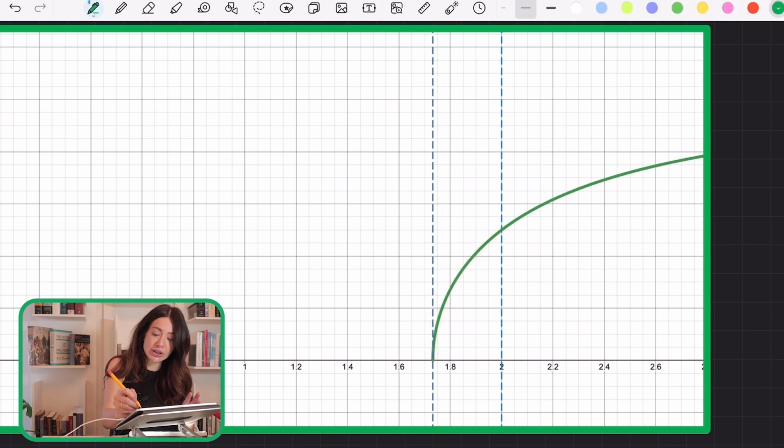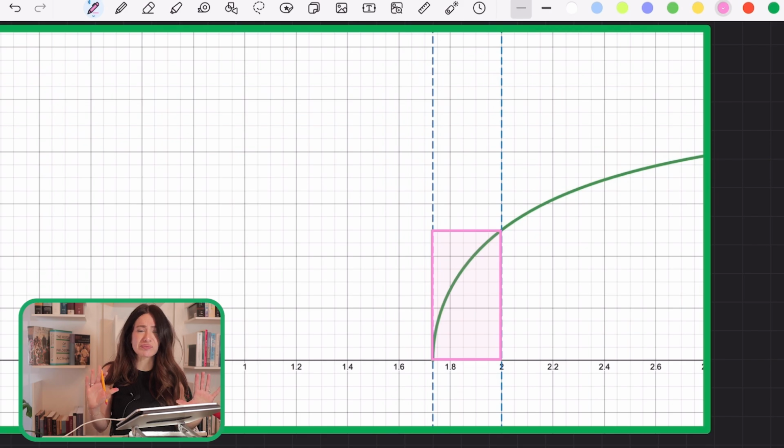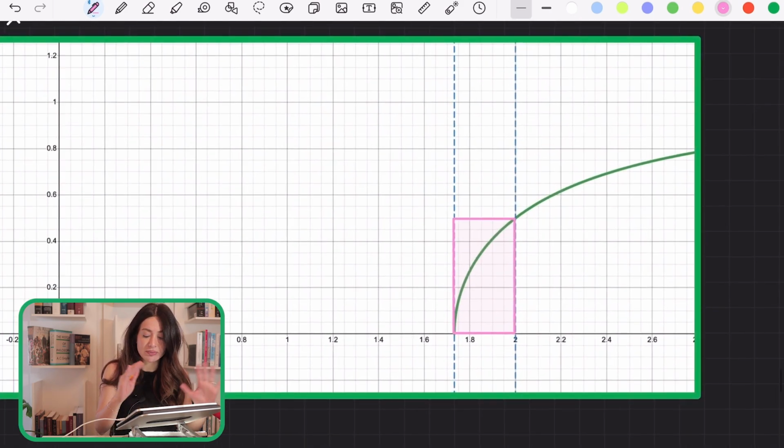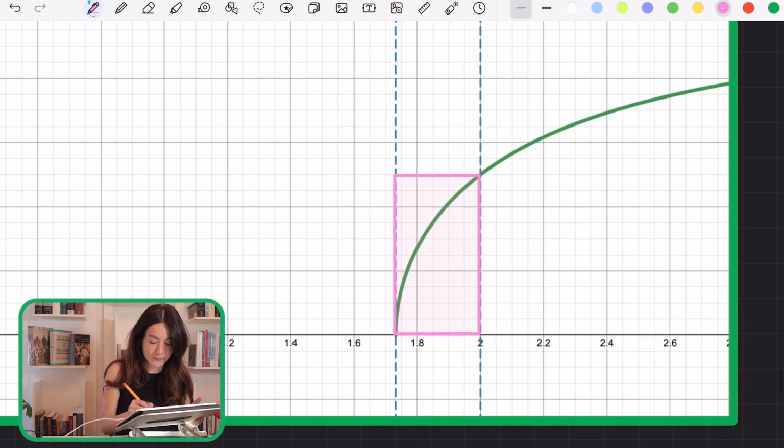Okay, so I'm going to calculate a ballpark of this rectangle. Could have gone with a triangle, but I'm just after an approximation, and both of them would do the job. So the width of this rectangle is 2 minus 1.732, and that is 0.268.